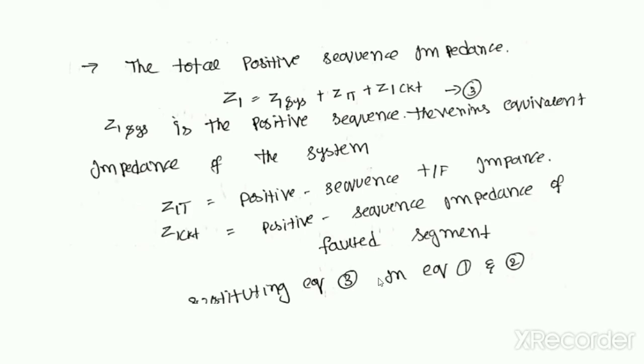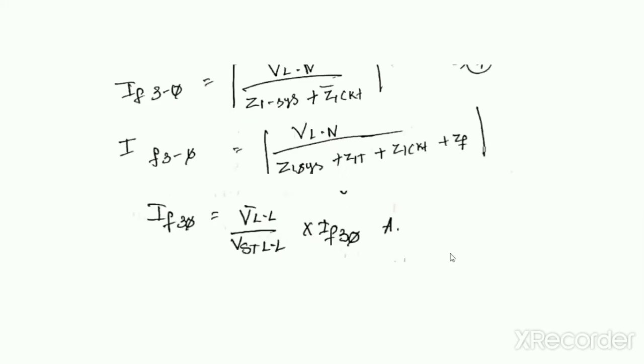Substituting equation 3 in equation 1 and equation 2, IF three phase is equal to I1 plus I fault, where I fault is the Z1 circuit and I1 is the Z1 system, that is the equivalent Thevenin impedance.